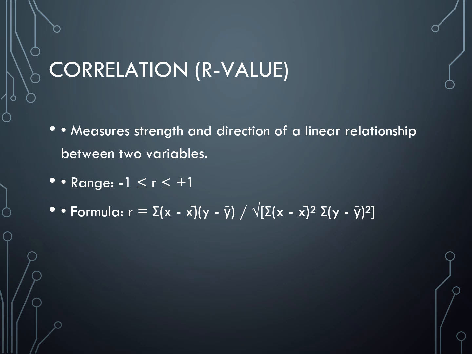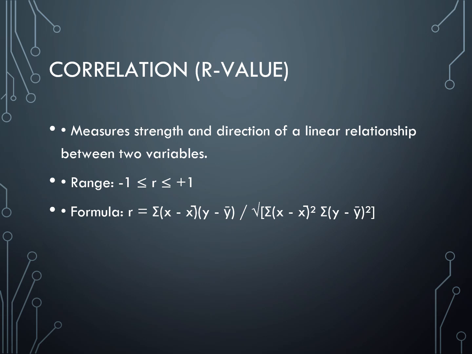Correlation R value. Correlation measures the strength and direction of a linear relationship between two variables. The correlation coefficient is represented by R. It ranges from -1 to +1. R equals +1 is perfect positive correlation.